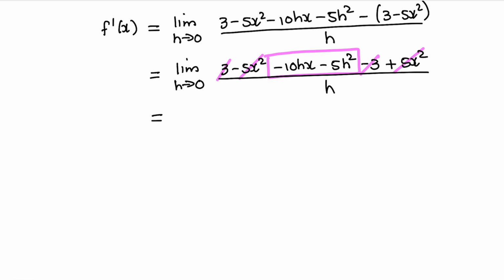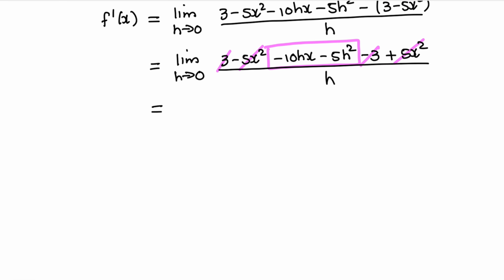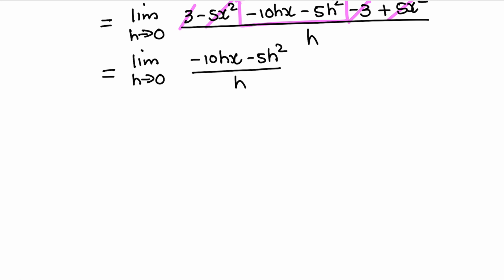So if you would like, you can write that down as the limit of h towards 0 for negative 10hx minus 5h squared over h. And what I want you to notice now is that we have a common factor of h in our numerator.